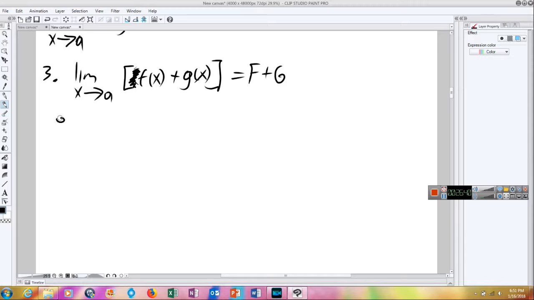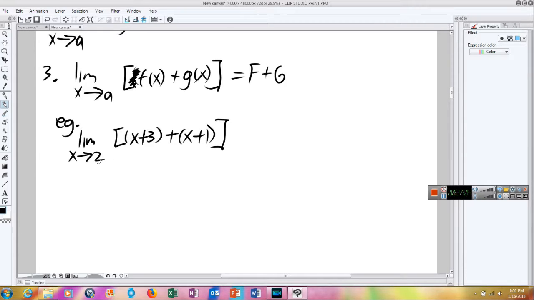So let's put this into an example. Limit as x tends to 2 of open bracket x plus 3 plus x plus 1, close bracket.